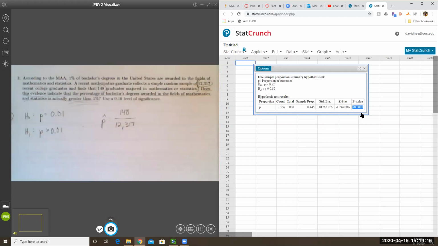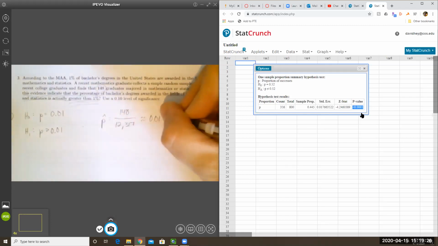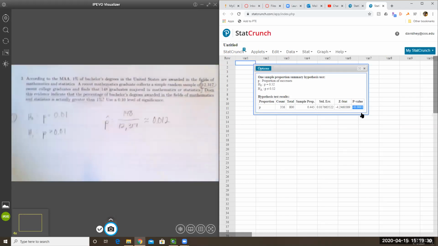Let's see how much that is. That's about 0.012. So it is a little bit bigger than 0.01. It's not that much bigger. However, she has such a huge sample size that I think she stands a good chance of being able to reject the null hypothesis here.